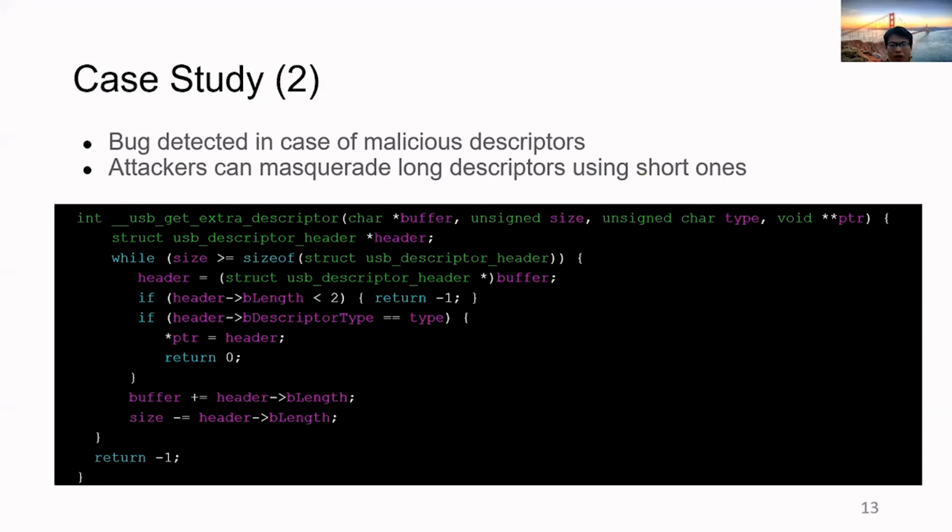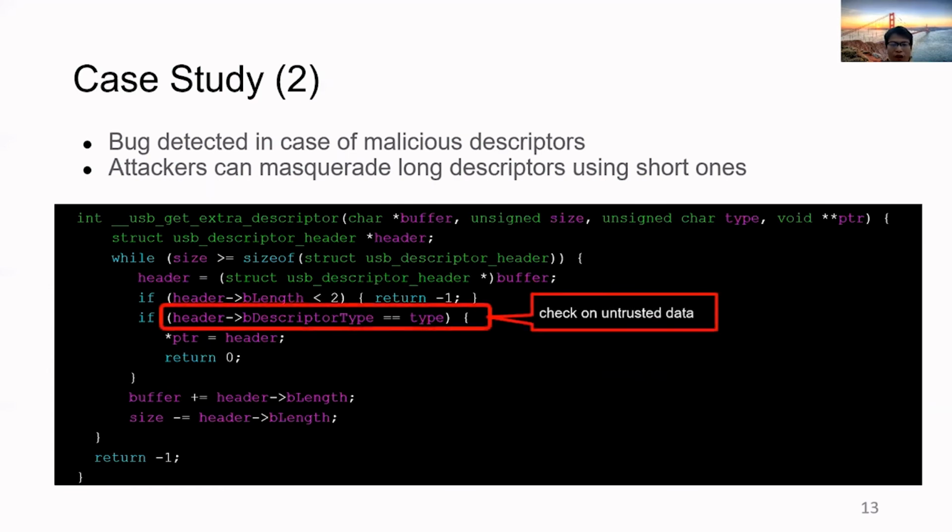We found a bug in one of the functions for parsing such descriptors. As shown here, the vulnerable function determines the type of a descriptor using untrusted data read from the device side. If the device is under the control of an attacker, he or she can masquerade non-descriptors using short ones.